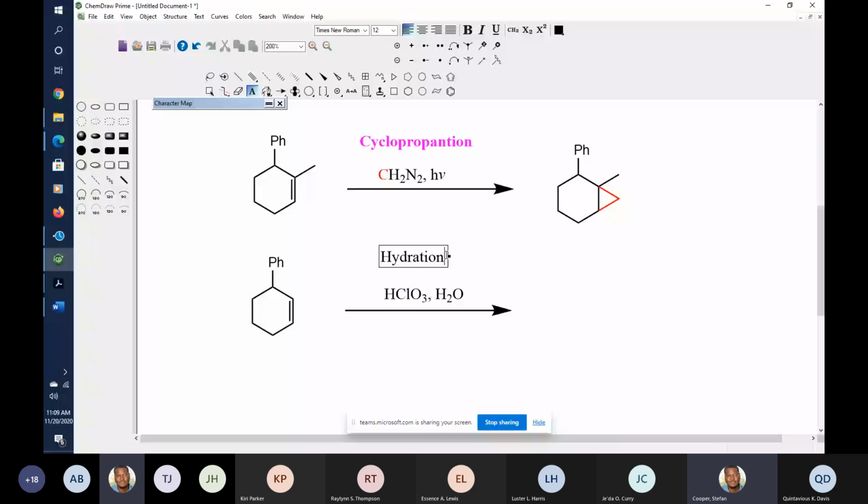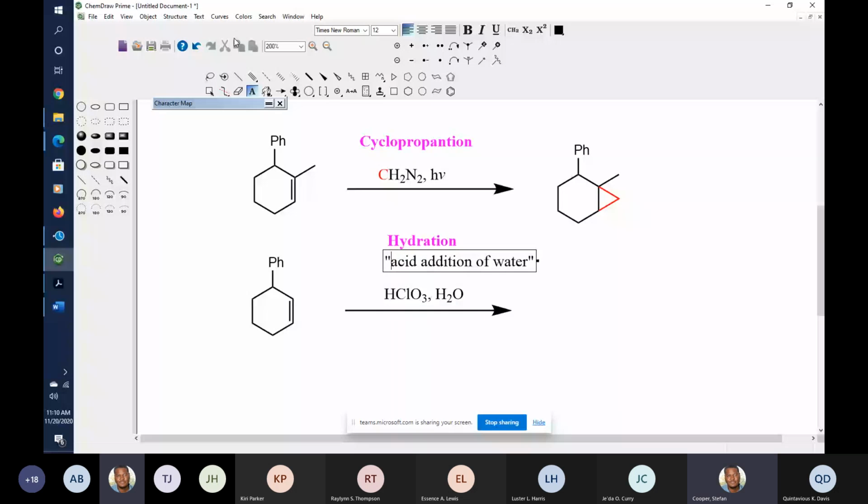If you want to be more detailed, this is known as an acid-catalyzed addition of water. Some people might just call this an acid addition of water.